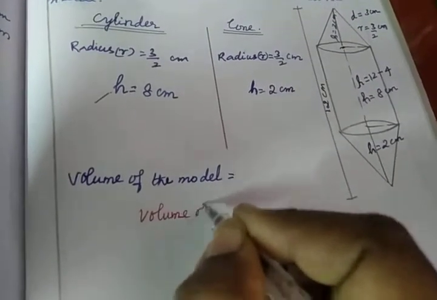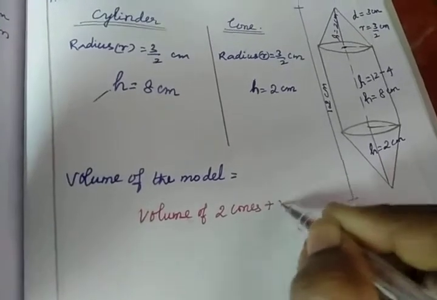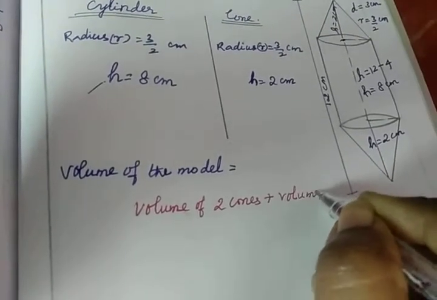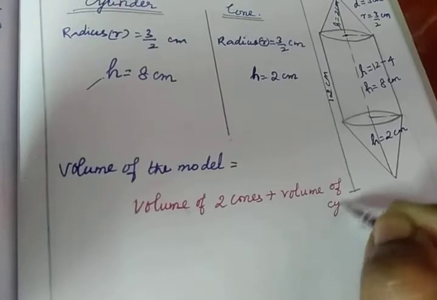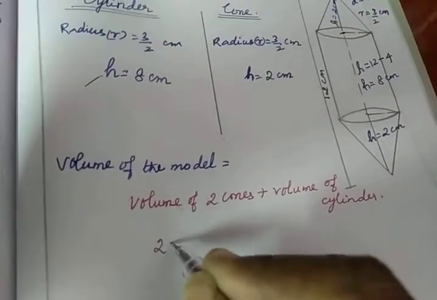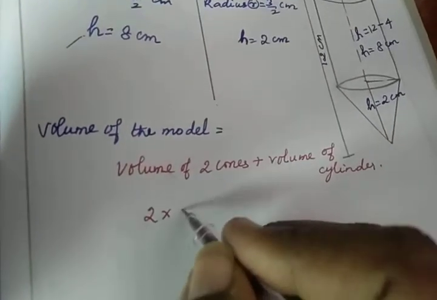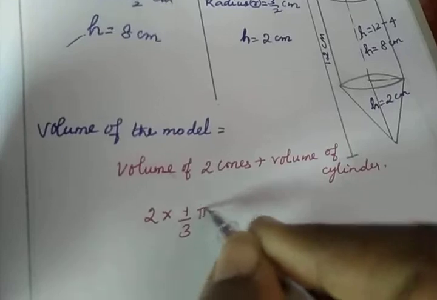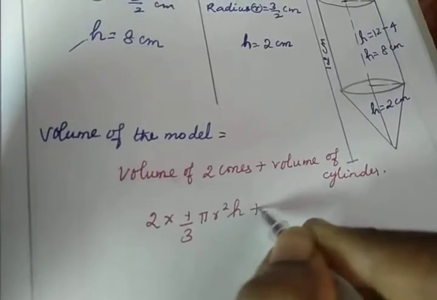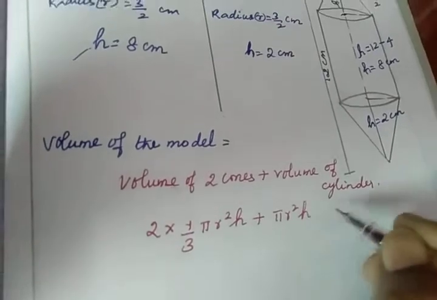Two cones in the sense 2 into volume of the cone, formula is 1 by 3 pi r squared h cubic units, plus volume of the cylinder, formula is pi r squared h cubic units.